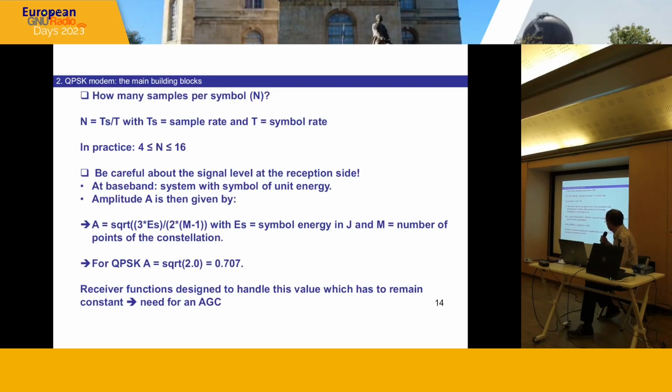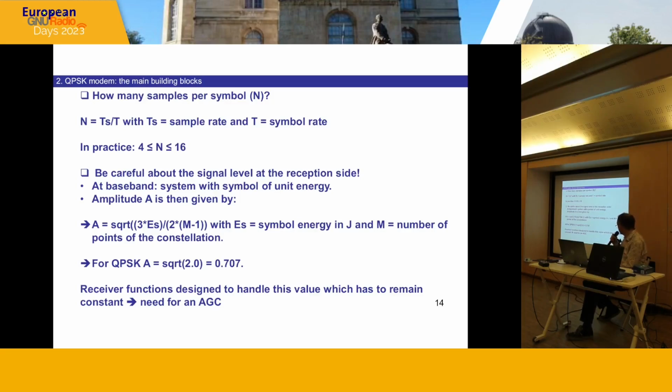You have to be careful about that when you design your loops for symbol synchronization. They work with an average level, and if you don't reach this average level, it's just not going to work. I'll show this afterwards.